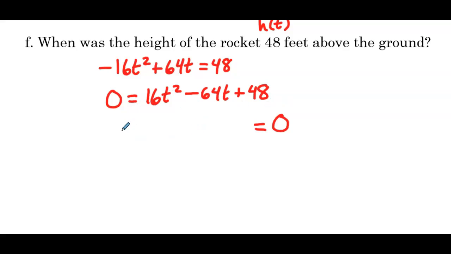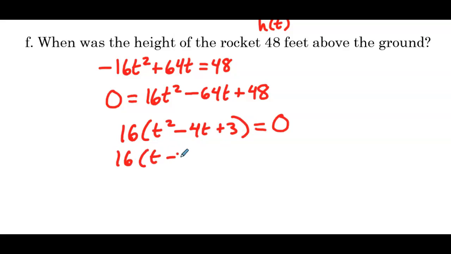We can take a greatest common factor of 16 out, and we'd have t squared minus 4t plus 3. So we can factor our trinomial: t minus 3 times t minus 1 equals 0.